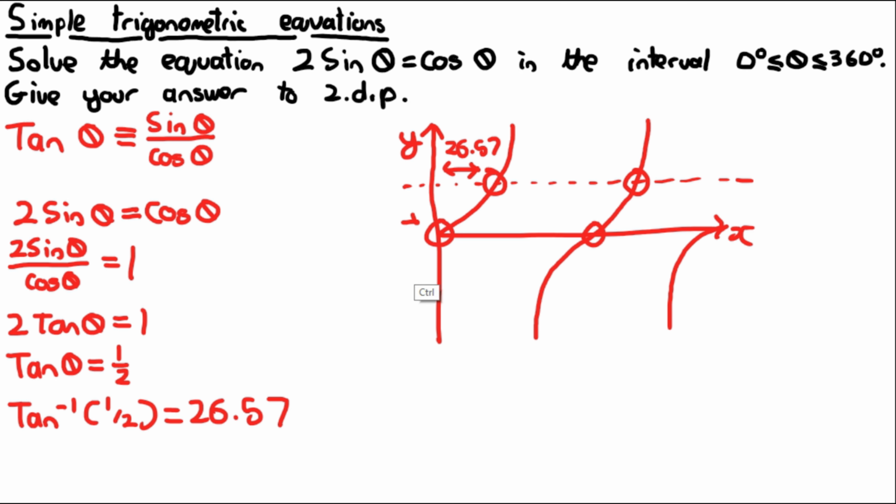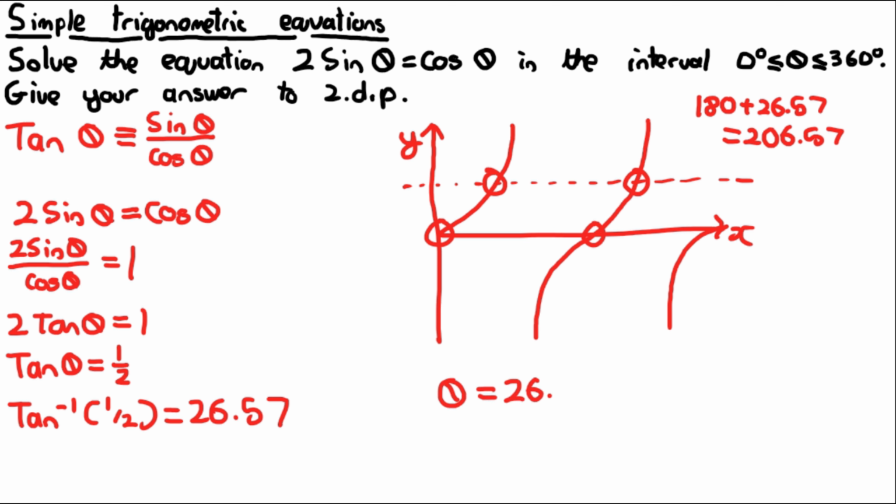So therefore this distance is also going to be 26.57, and we know this is 180, so therefore this point here is going to be 180 plus 26.57, which if you put into your calculator is equal to 206.57. So theta is equal to 26.57 and 206.57. And again, you can put these solutions into your calculator, into this equation, in order to check your answers.